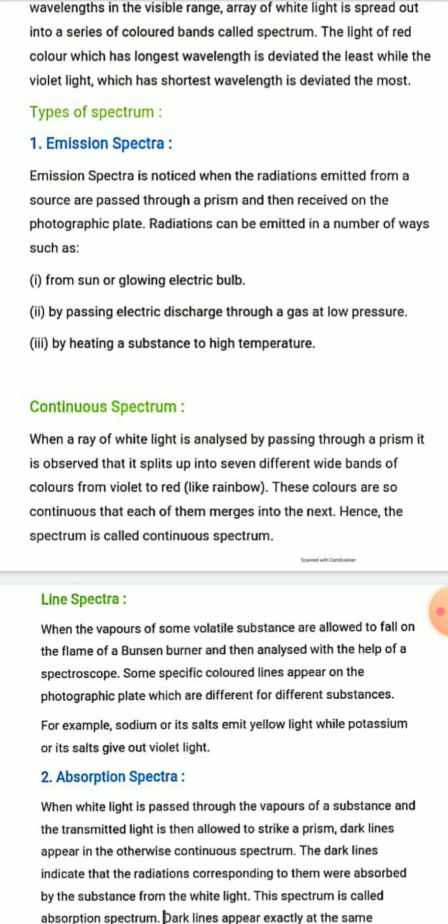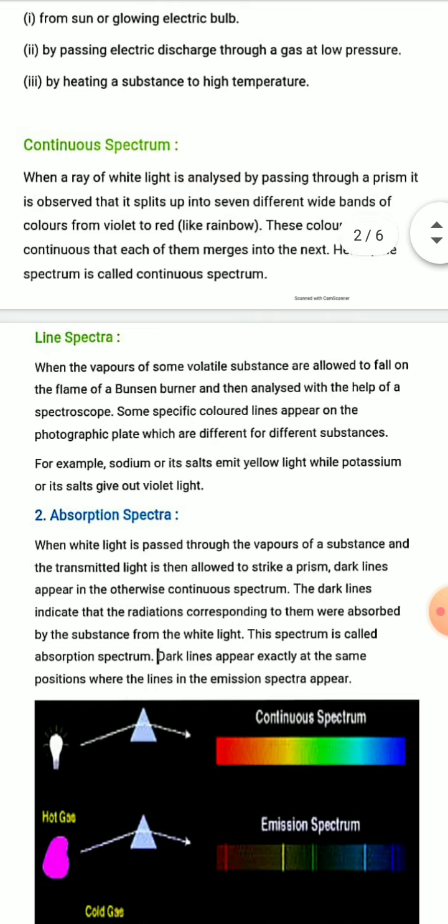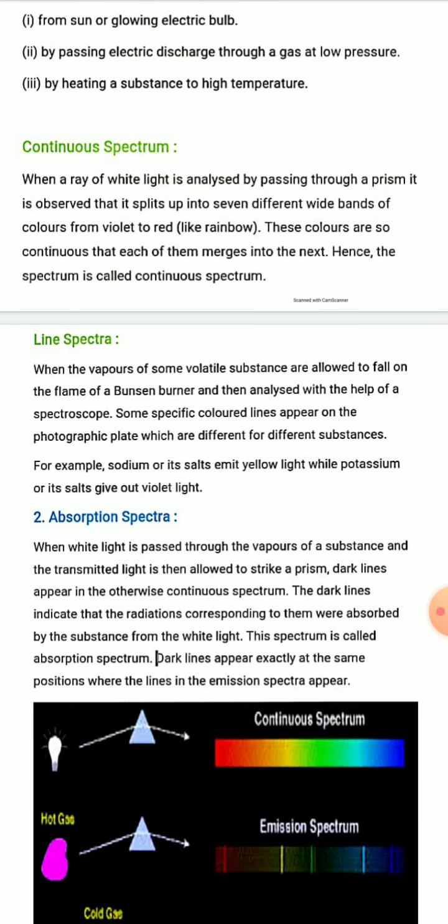Now, two types of emission spectrum: continuous spectrum and line spectrum. What is continuous spectrum? When a ray of white light is analyzed by passing through a prism, it is observed that it splits up into seven different bands of color, from violet to red, like a rainbow.